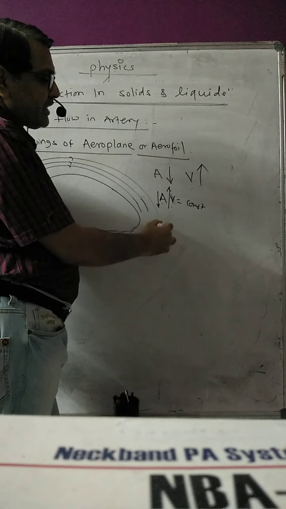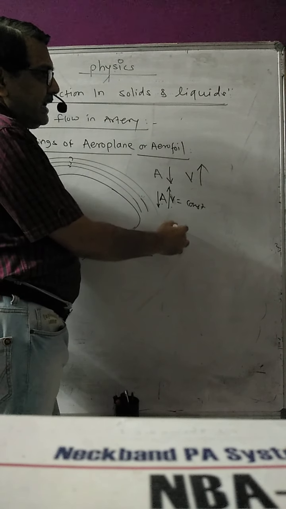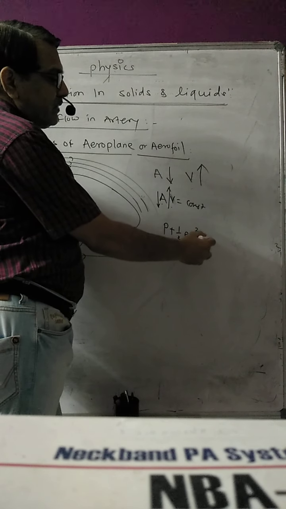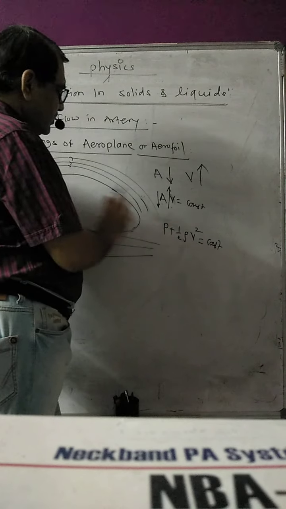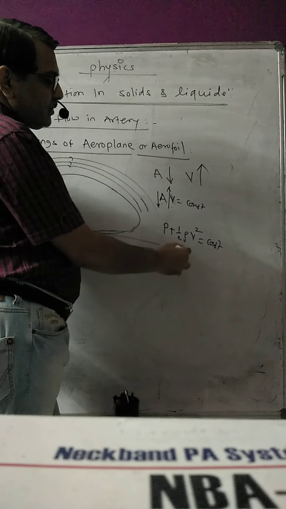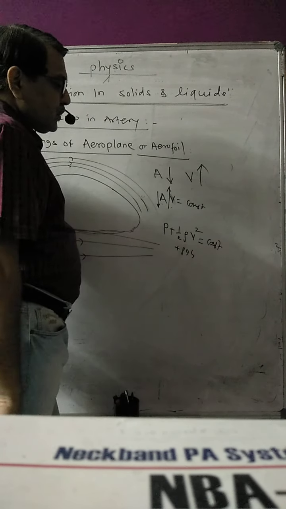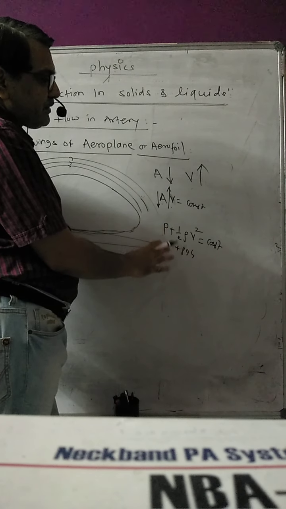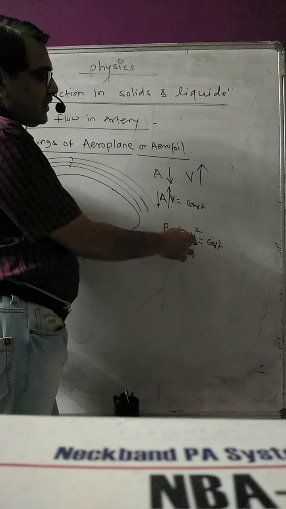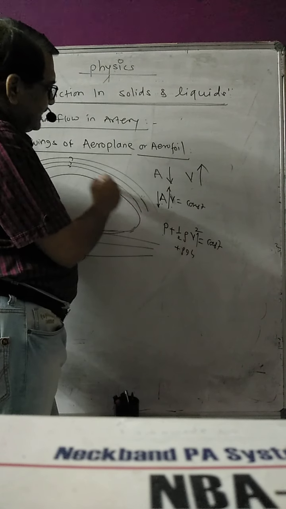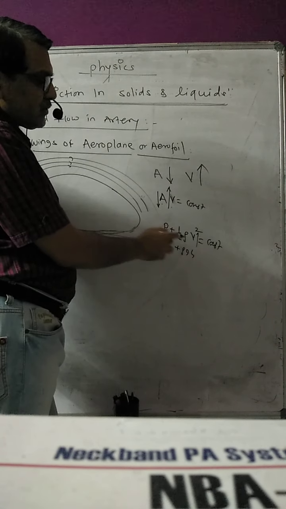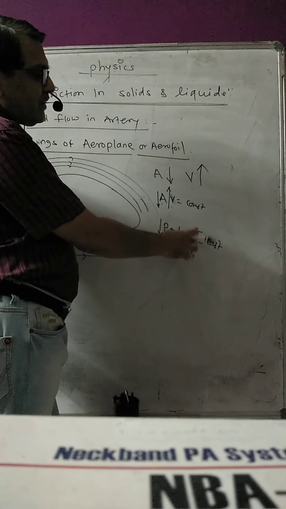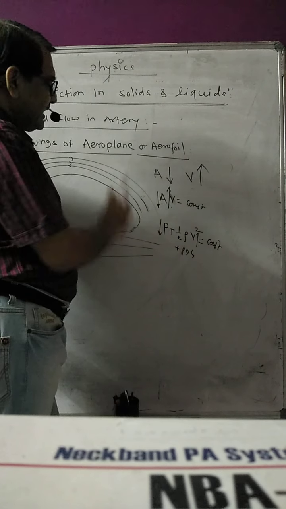So if I take the pressure energy and the kinetic energy, P plus 1/2 rho v square plus rho gh remains constant, and this is at the same height. Velocity of the air increases near the convex surface, so pressure has to decrease, because height is the same.